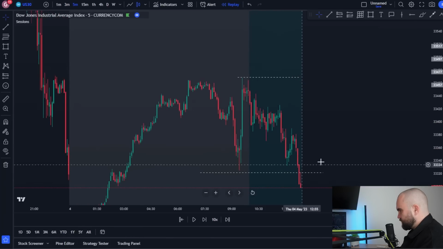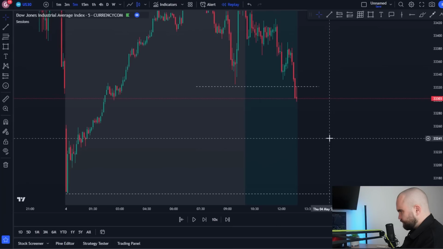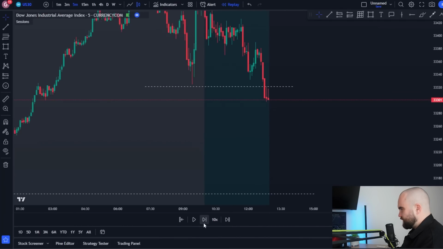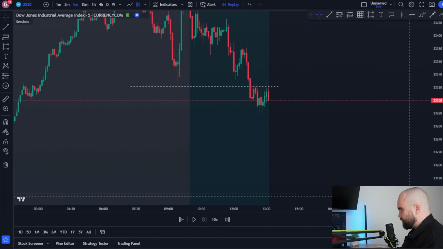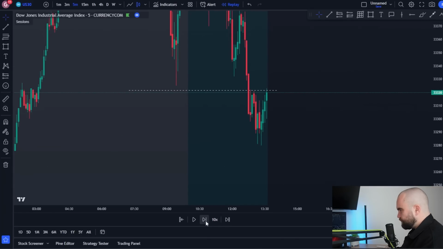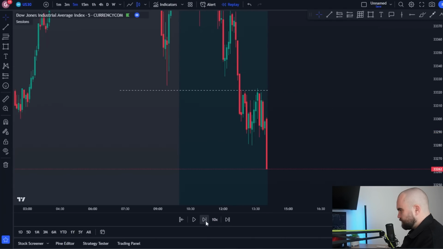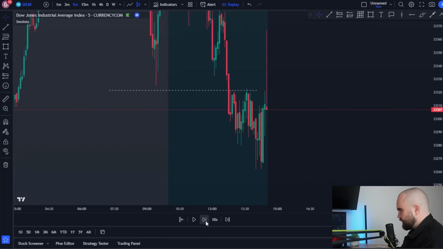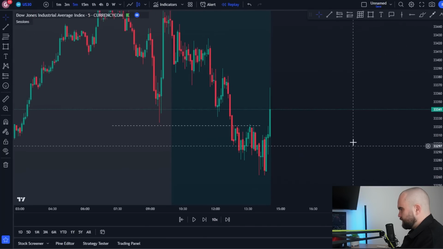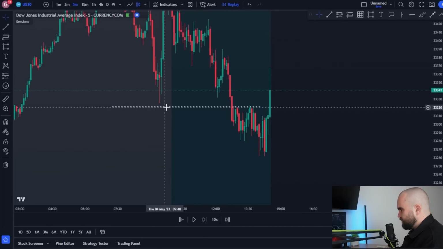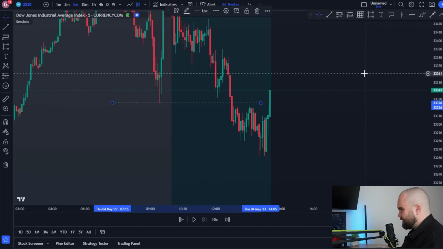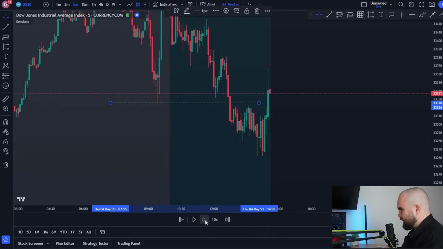It looks like price wants to sweep here, which isn't technically part of our rules, but you can already see it starting to accumulate. Okay, so we would technically be waiting for down here, but because I know there's so much liquidity sitting here, let's just for interest's sake see what happens.